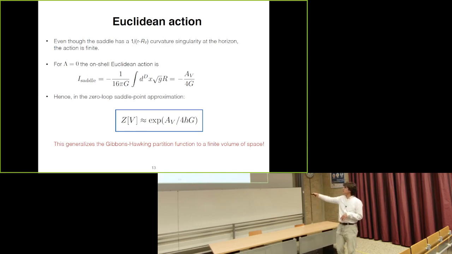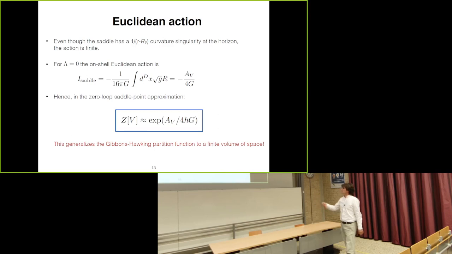And if you do that computation for a zero cosmological constant, but this generalizes as well, you get minus A over 4G. So you get precisely the Bekenstein-Hawking entropy in this saddle approximation, in the zero loop approximation. And so this generalizes the Gibbons-Hawking partition function to a finite volume of space.